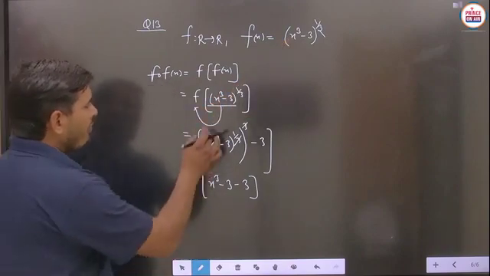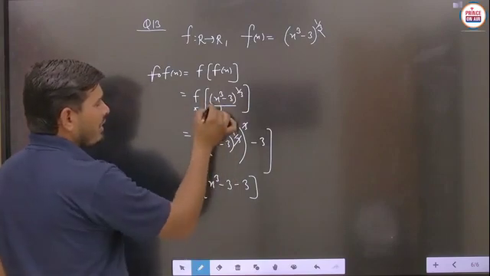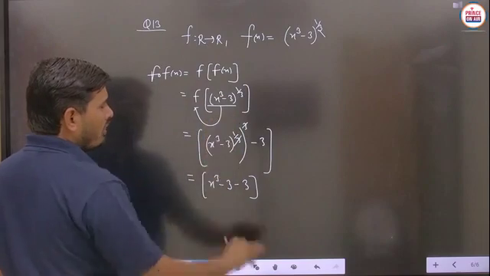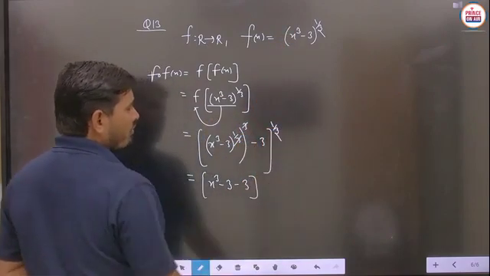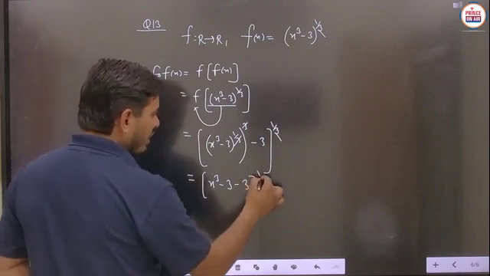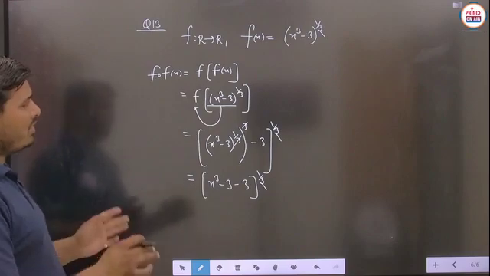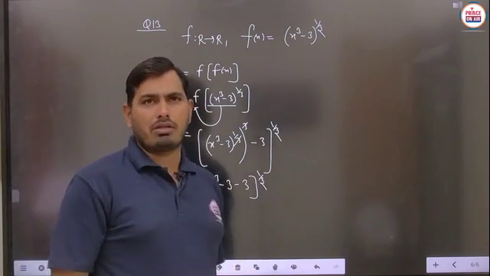So the value of x will be x³ minus 3, whole raised to power 3, with the outer power 1/3 written as well. So easily you can compute the things in a very systematic order and simplify.